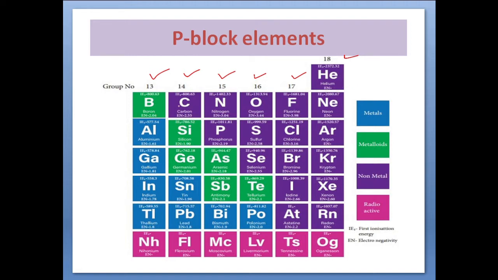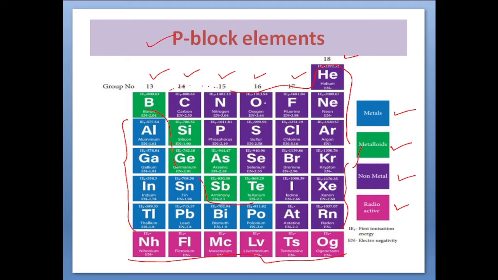In P block elements, the blue colored elements are metals, the green colored elements are the metalloids, the purple colored elements are the nonmetals, and the pink colored elements are the radioactive elements. So this is a brief note on P block elements.